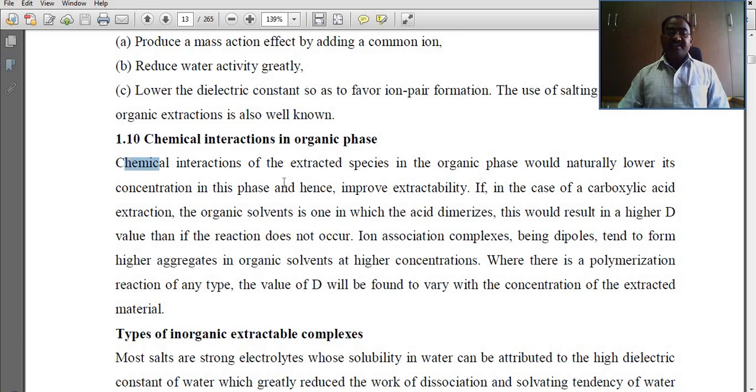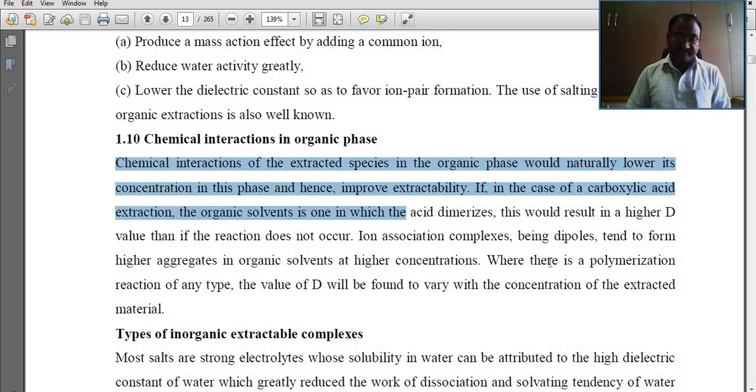The chemical interactions in the organic phase naturally lower its concentration in this phase and hence improve extractability. In the case of carboxylic acid extractions, if the organic solvent is one in which the acid dimerizes, this would result in a higher D value than if the reaction does not occur.